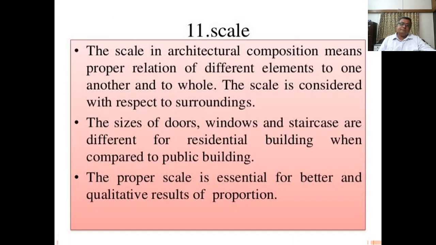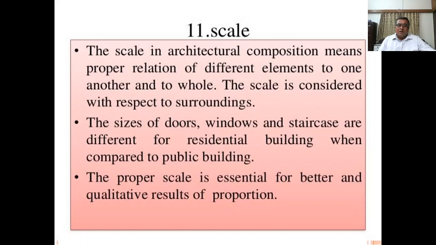Now scale. Scale is an architectural composition, that means proper relation of different elements to one another and to the whole. The scale is considered with respect to surroundings. The size of doors, windows and staircases are different for residential buildings when compared to public buildings. The proper scale is essential for better and qualitative results of proportion.